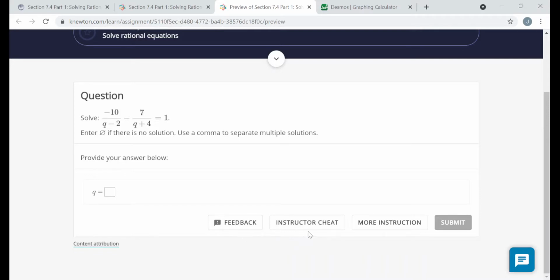You will not see the instructor cheat button, that's just for instructors. And then you will see the more instruction button, which will provide you with extra reading material or videos to help you with whatever objective you're on.